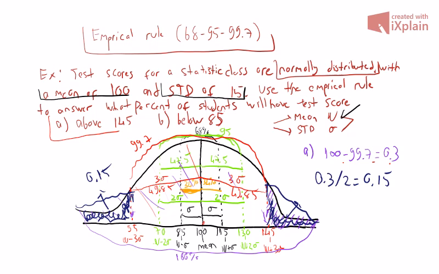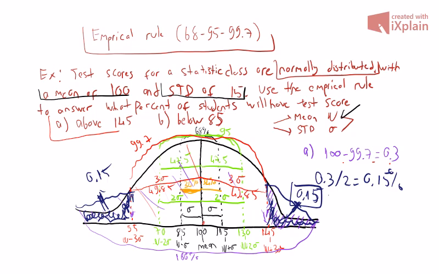The accumulation of those two areas is equal to 0.3%. Since this is symmetrical, 0.3% divided by 2 is 0.15% for each side. And the question was asking us to calculate the area above 145, and our answer is 0.15. This is part A.